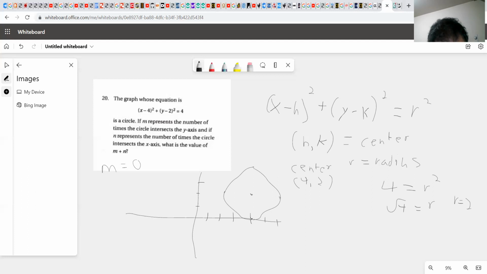It's just that one place. So n is equal to 1. So adding m plus n, 0 plus 1 is equal to 1. The answer to this is definitely 1. Okay, so we did another problem. That problem is done.